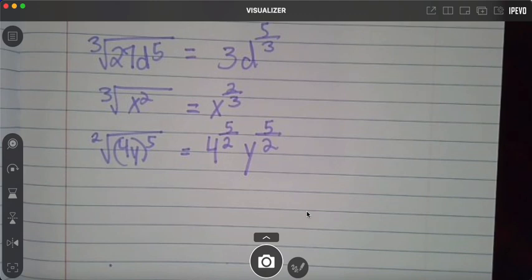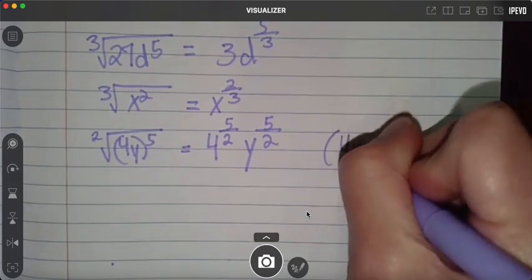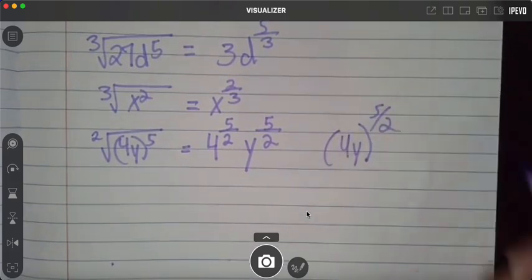Wait, what? You have to put the 4y in parentheses, and then above the parentheses have the 5 over 2. Yeah, you could do it like that. She was saying you could do 4y to the 5 halves. Yeah, could you write it like that? Yeah, I'm thinking that they just probably do it like I did. Let me see what they did to begin with.